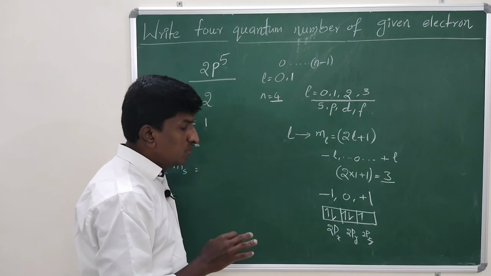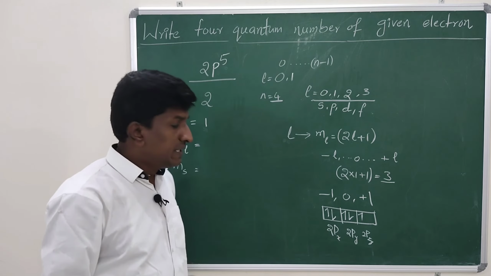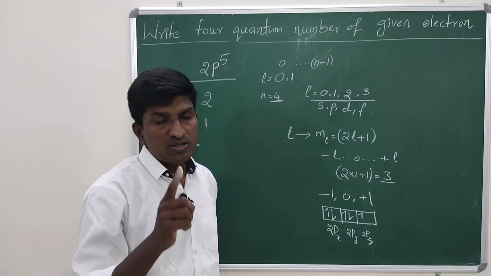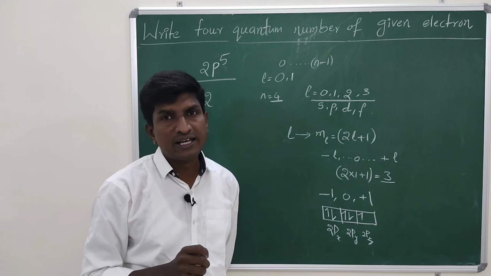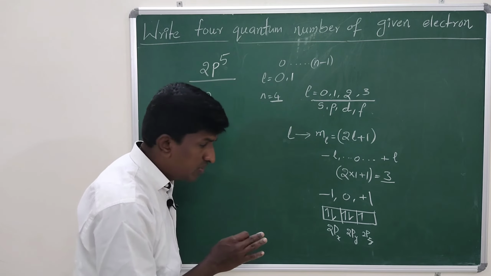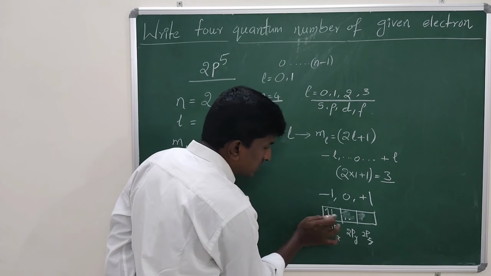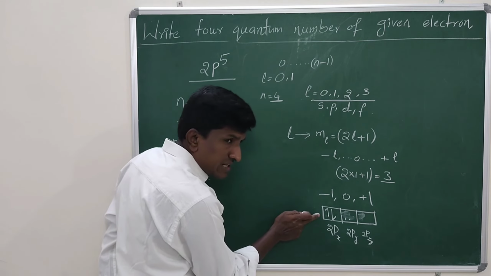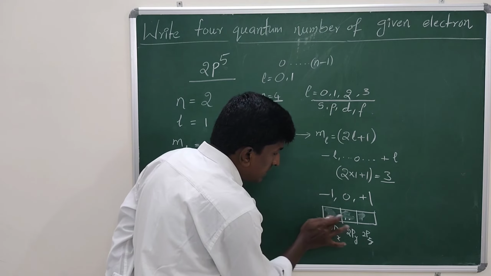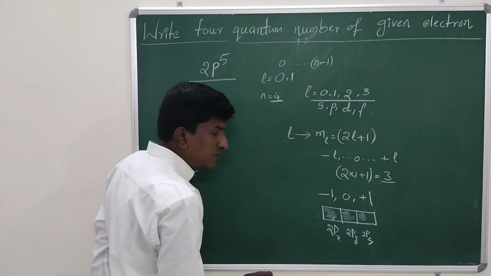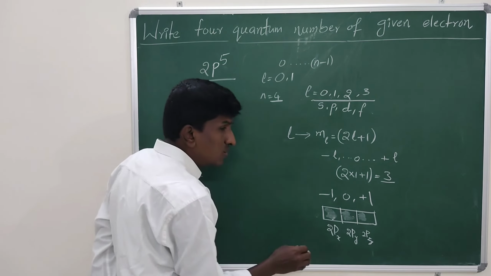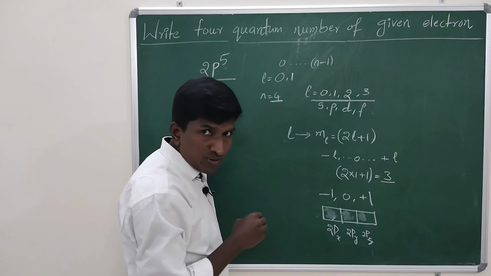According to Hund's law, whenever degenerate orbitals are available, each orbital should be filled first, and then pairing should start. So each orbital is filled with one electron first. Here our electron is the 5th electron, so there are 4 electrons before the 5th electron.